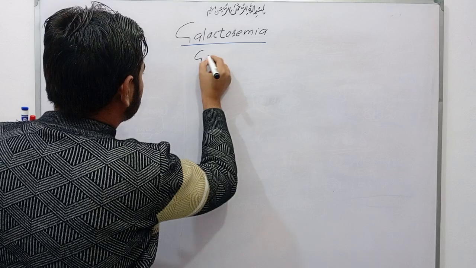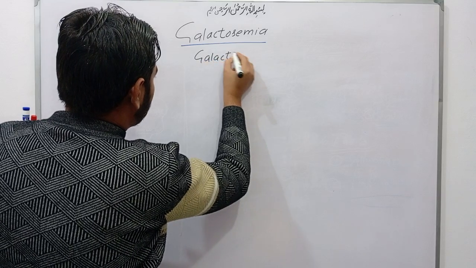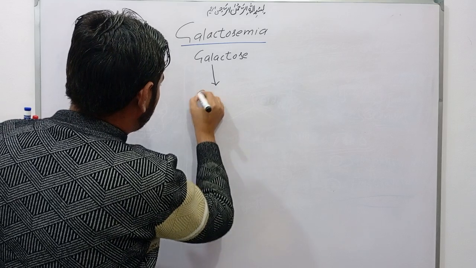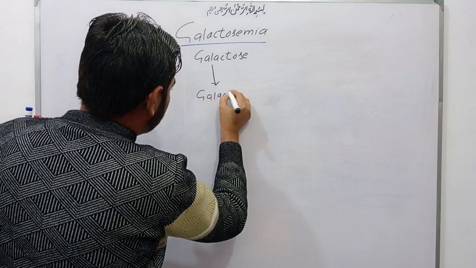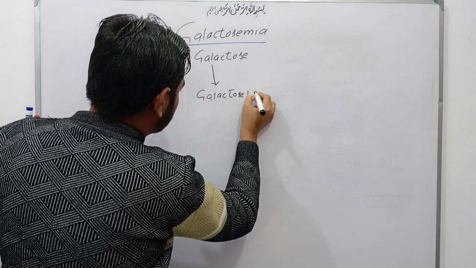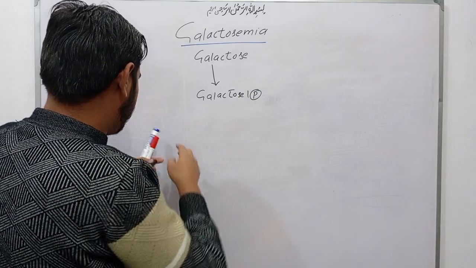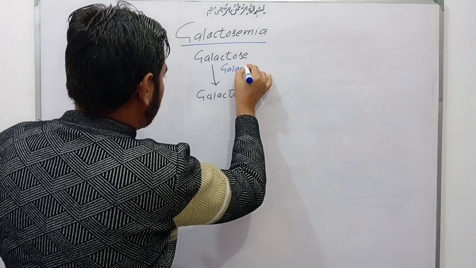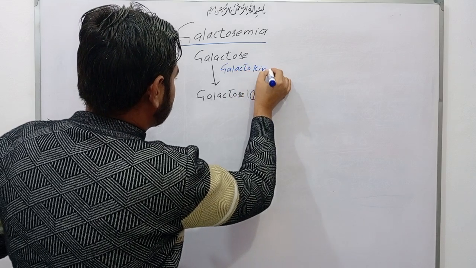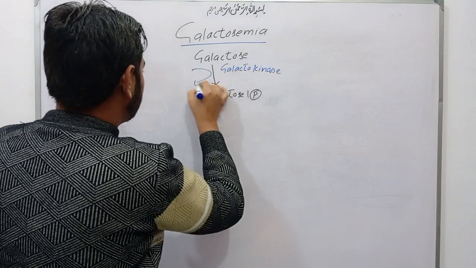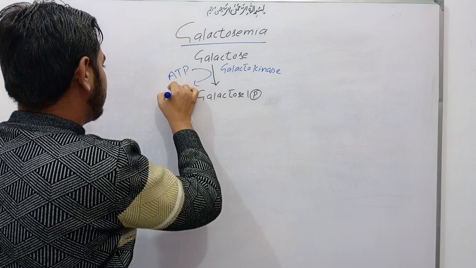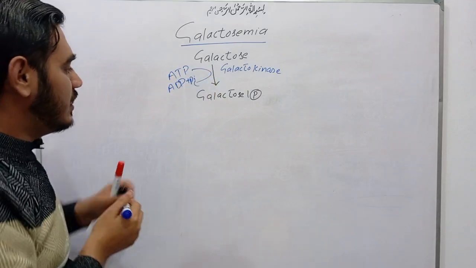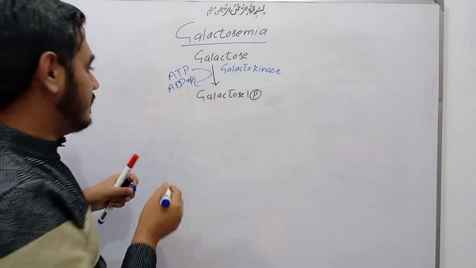This galactose, by the action of galactokinase enzyme, converts into galactose 1 phosphate. There is utilization of ATP, and this ATP converts into ADP and inorganic phosphate.